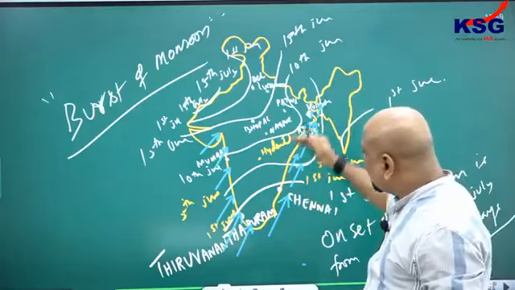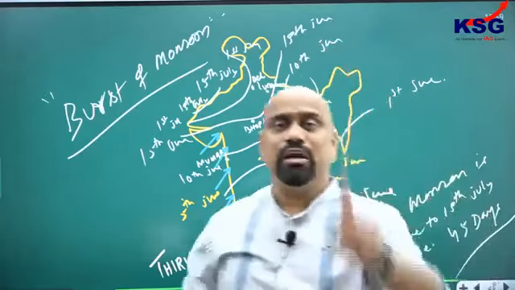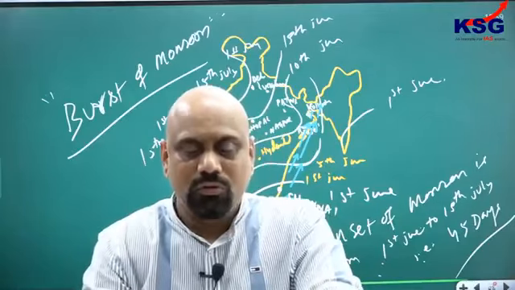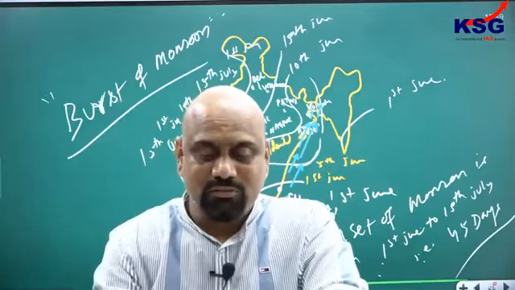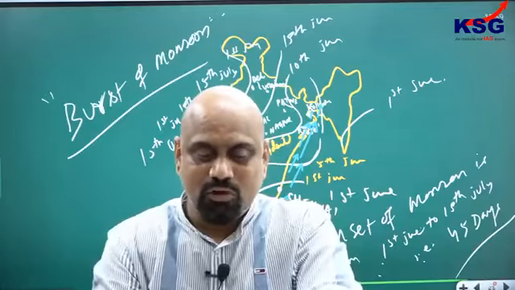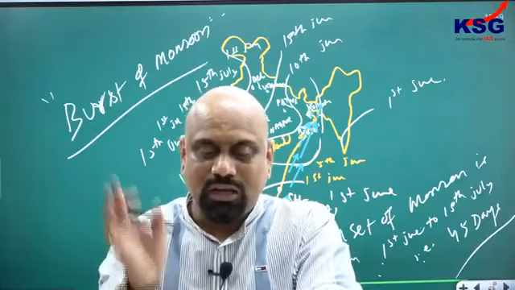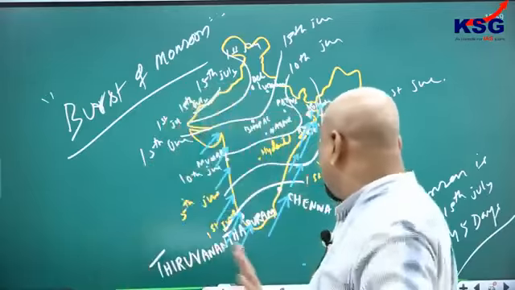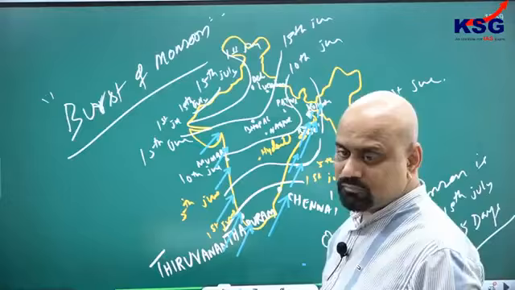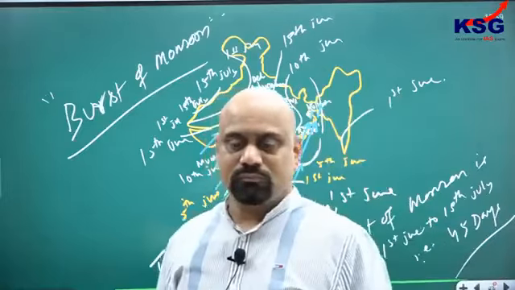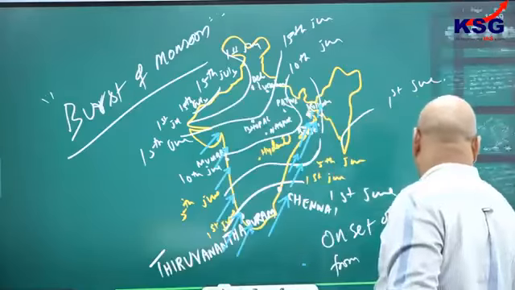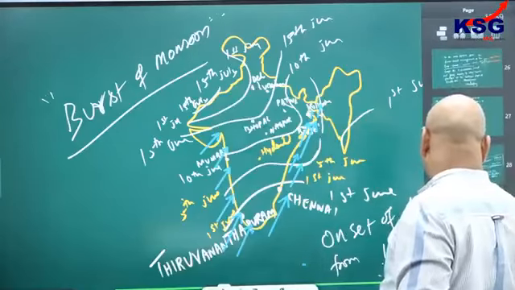So rainfall intensity will increase or not? I am talking about Bay of Bengal branch, not the Arabian Sea branch here. Okay, fine.